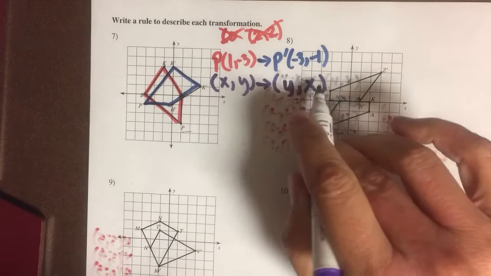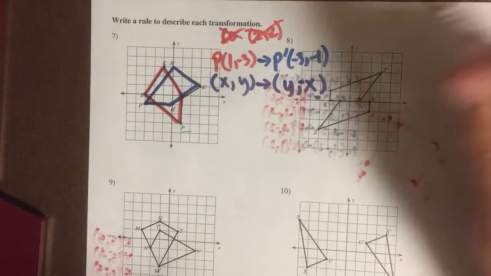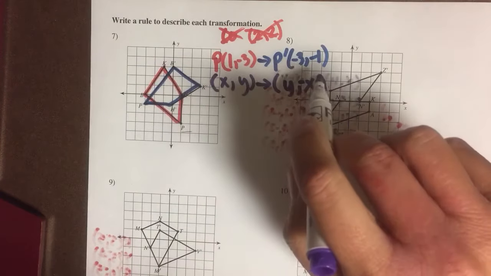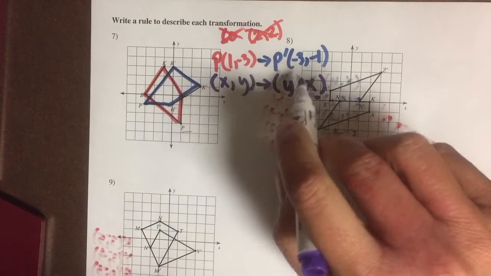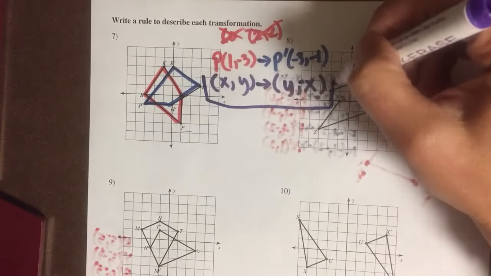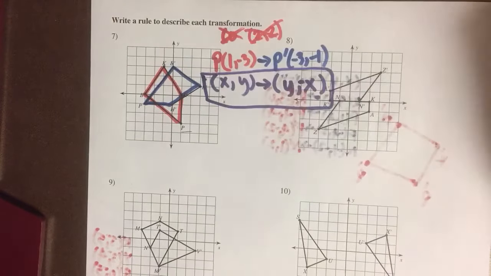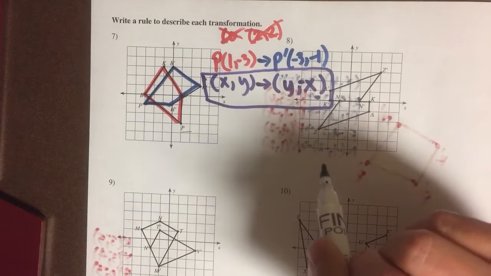The 1 went to -1, which means that became an opposite. Because that was 1, and when I put it over here it became -1, that means I've got to change it. The -3 stayed a -3. So my transformation rule is x, y goes to y, comma, opposite of x.